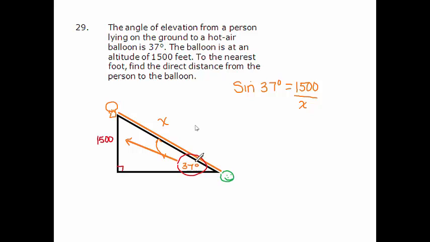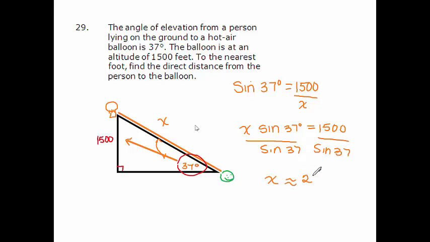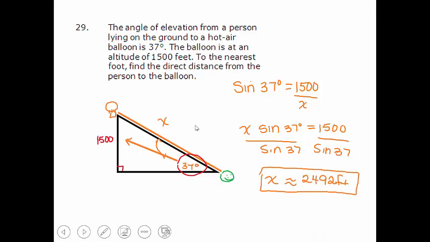When I multiply both sides by x, I get x times the sine of 37 degrees equals 1,500, and now I can divide both sides by the sine of 37. Making sure you're in degree mode again, x is about 2,492 feet. That's how far away the person is from the balloon.